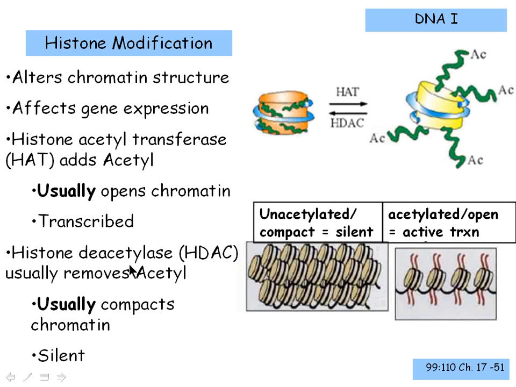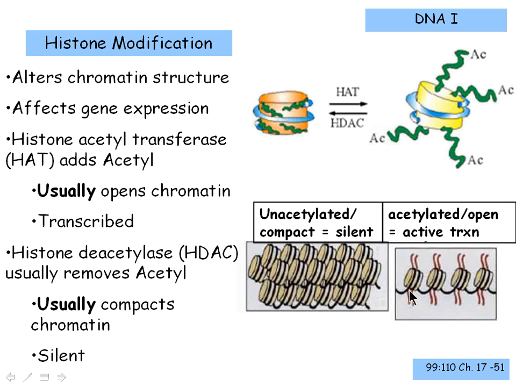There also exist histone deacetylases, which remove acetyl groups from histone tails. And what this usually does is it takes off the acetyl groups, thus compacting the nucleosomes again, so that the tails interact with the DNA, resulting in silent genes.